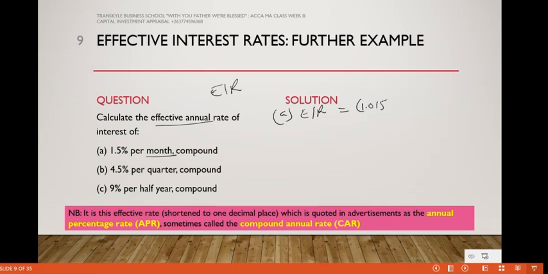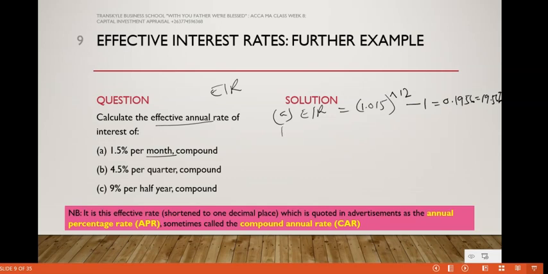Because the percentage is 1.5%, not 15%, don't be confused. All to the power 12, because in a year we've got 12 months. Then we deduct 1 and we get 0.1956, which is equal to 19.56%.